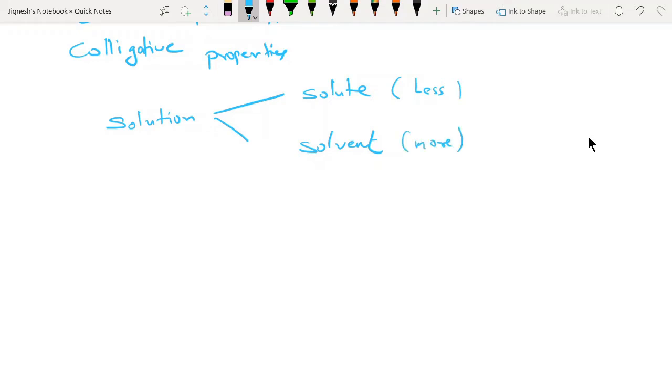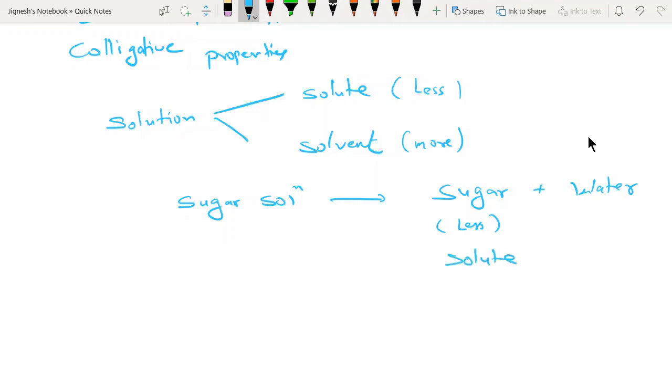Let's take an example of sugar solution. When will it become a sugar solution? Sugar solution is made up of 2 things, sugar plus water. Let us take 1 teaspoonful of sugar. This is less and hence this is considered as a solute.